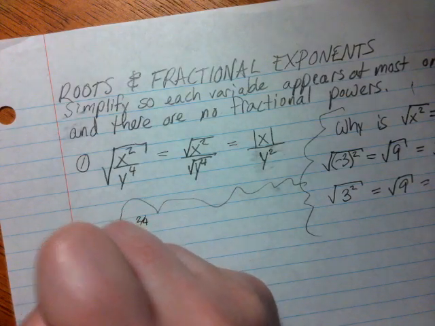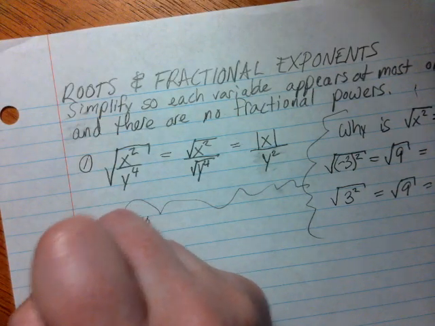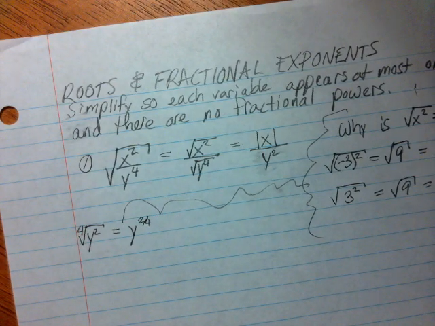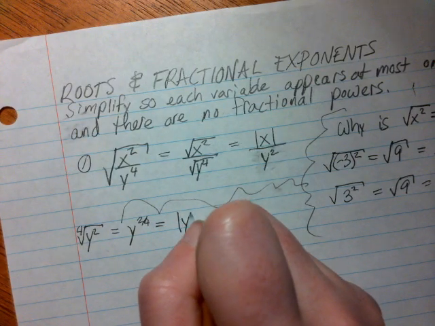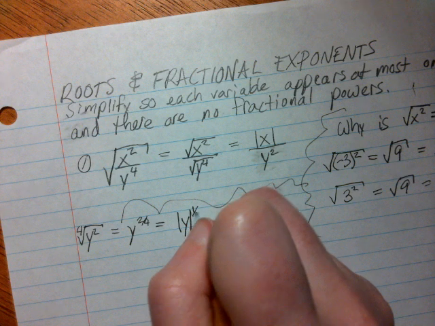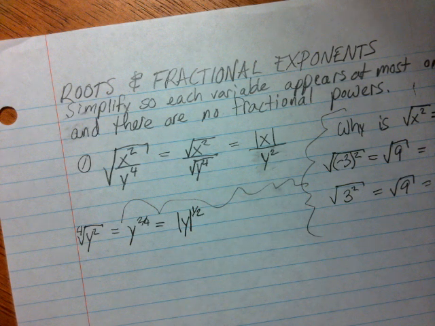Because if your y to the 2/4 started out like this, the fourth root of y squared, then that's an expression where no matter what you plug in for y, even if it was negative, it would come out positive. So this should actually be interpreted as the absolute value of y to the 1/2.